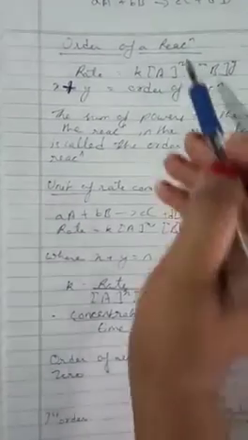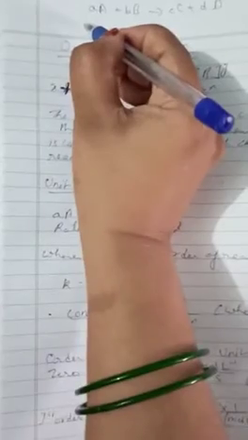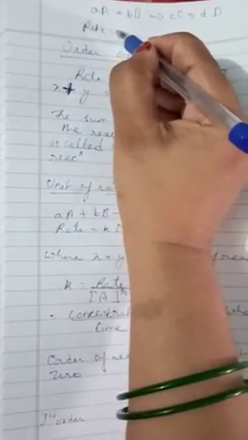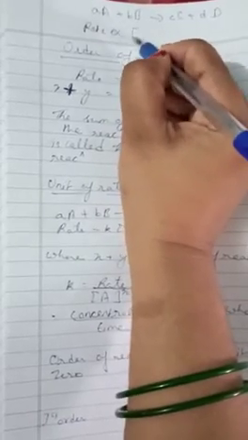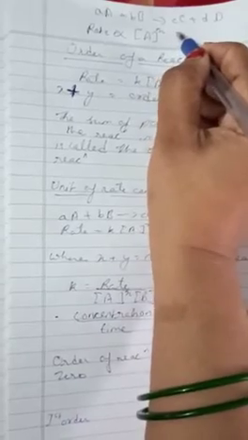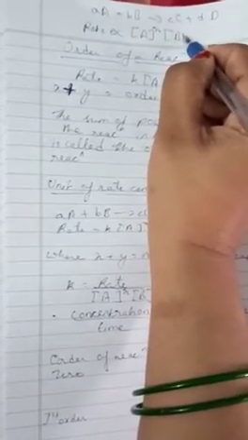So when we express their rate, the rate expression is given by: rate is directly proportional to the product of the concentrations of the reactants.